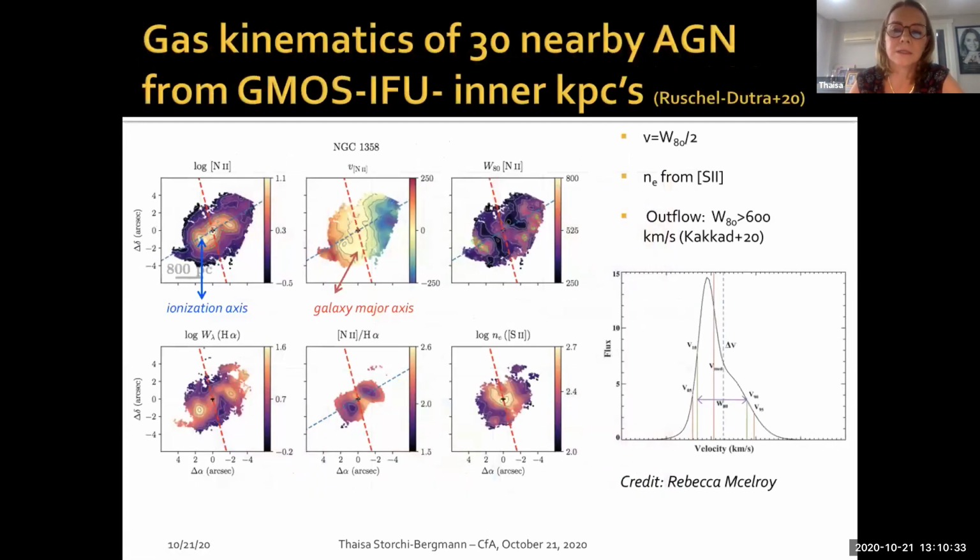Let me go back to show this slide. In this case, for example, we used the velocity as the width of the line divided by 2, the width at 80% of the flux. So it's a way to calculate the velocity of the outflow. We used the gas density obtained from the sulfur lines. And we considered that the gas was in outflow if this width was larger than 600 kilometers per second.